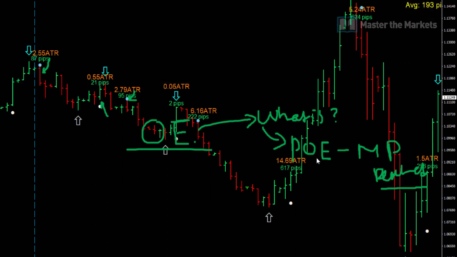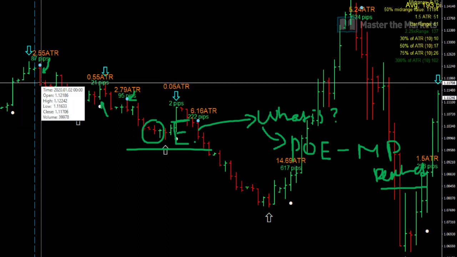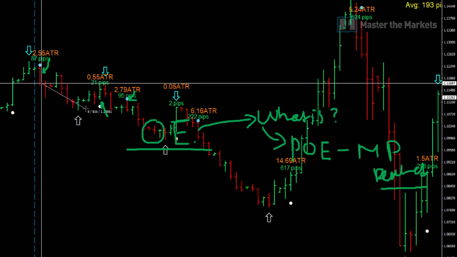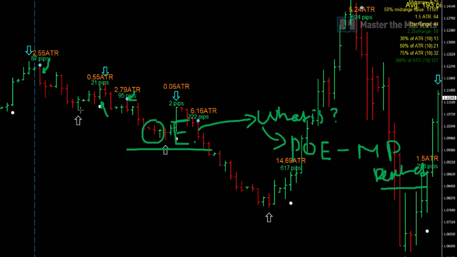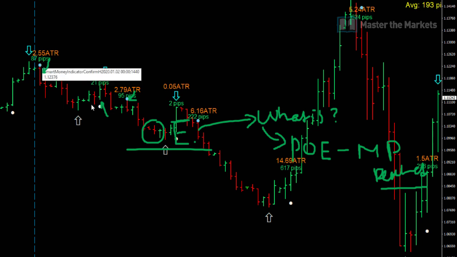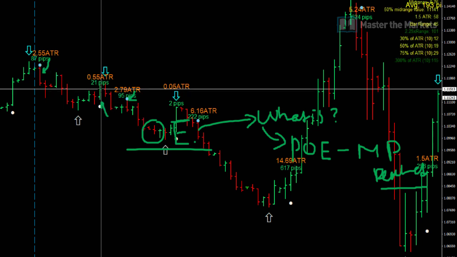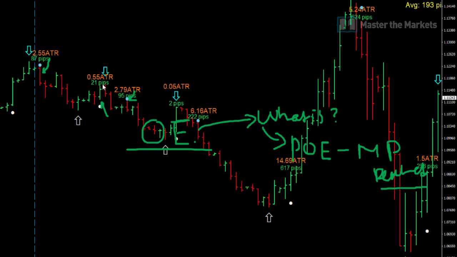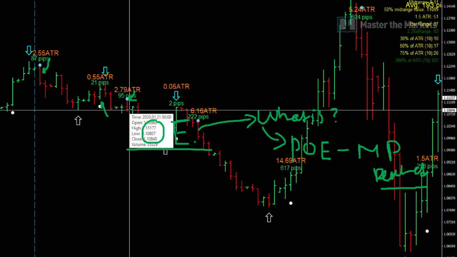Remember the first part of the equation, point of entry, and then maximum point reached is what? Maximum point reached is this bottom here, isn't it? That is 86 pips. Okay, 86 pips over here. That's what I've written, right? Roughly 87 pips. Then from here, look, from this close here to the top, how much is that? That's 21 pips.